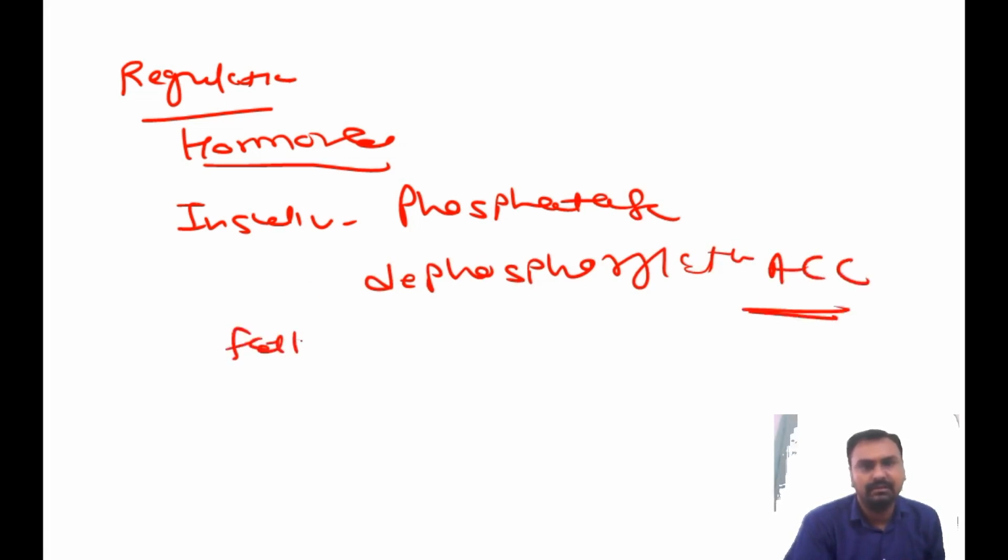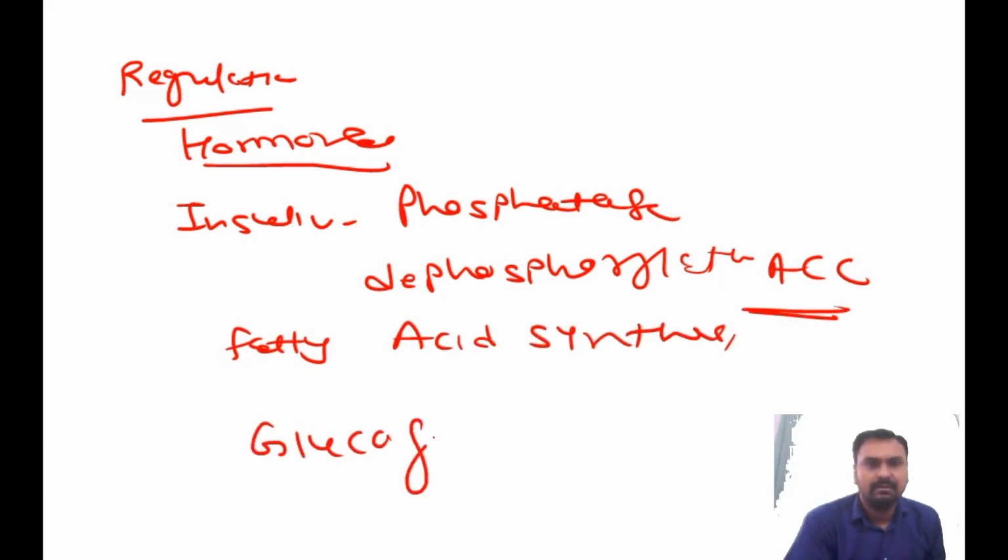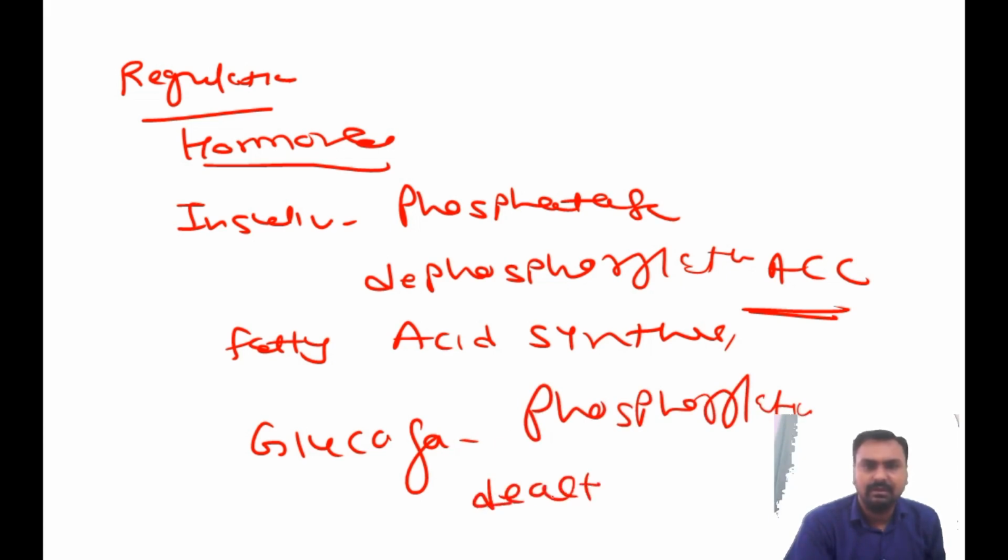So it will stimulate fatty acid synthesis. While glucagon will cause the phosphorylation. The phosphorylated form of acetyl CoA carboxylase is inactive. So it will inhibit fatty acid synthesis. So glucagon will inhibit fatty acid synthesis.